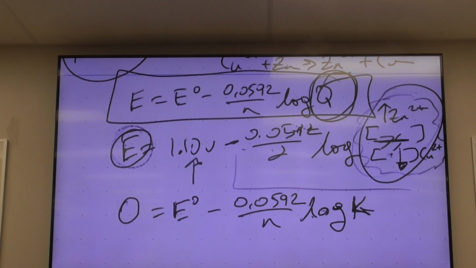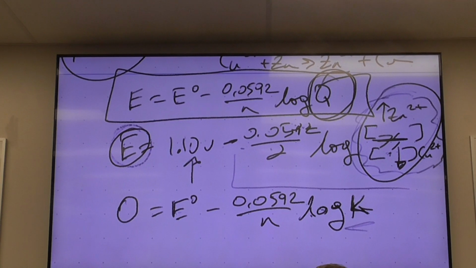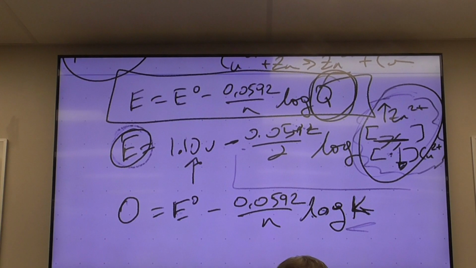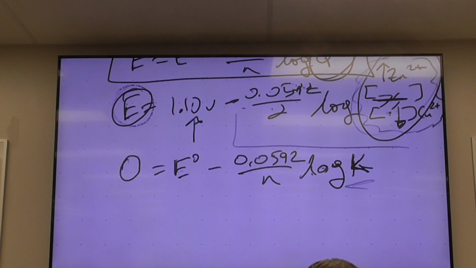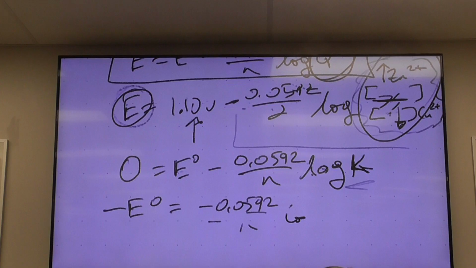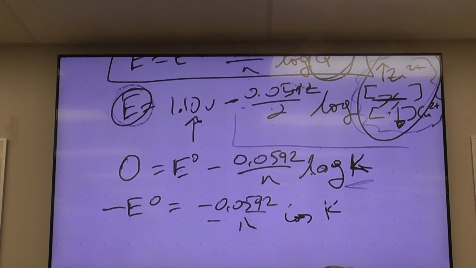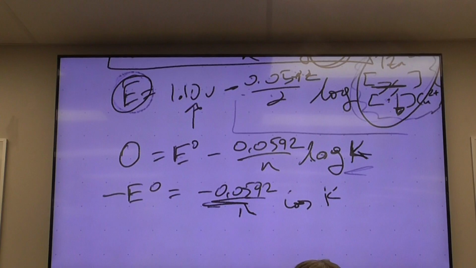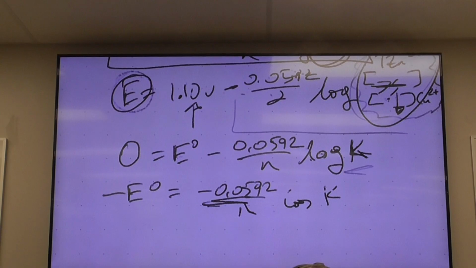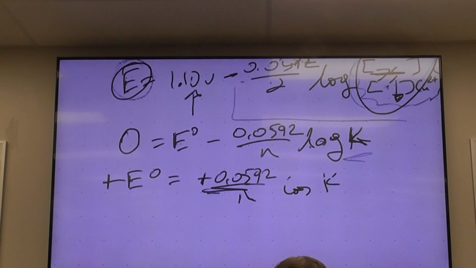So for all you math nerds out there, this is your moment to shine. How am I going to get K by itself? What's the first thing I need to do? Subtract E naught. So I get negative E naught equals negative 0.0592 over n times the log of K. Since we have two negative signs, we can make everything positive.